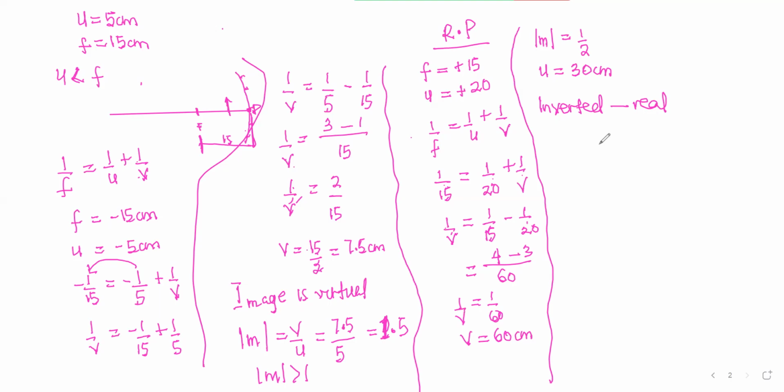So we are to find the focal length of it. So using the mirror formula, 1 on F is equal to 1 on U plus 1 on V. We are looking for F, but do I have U?